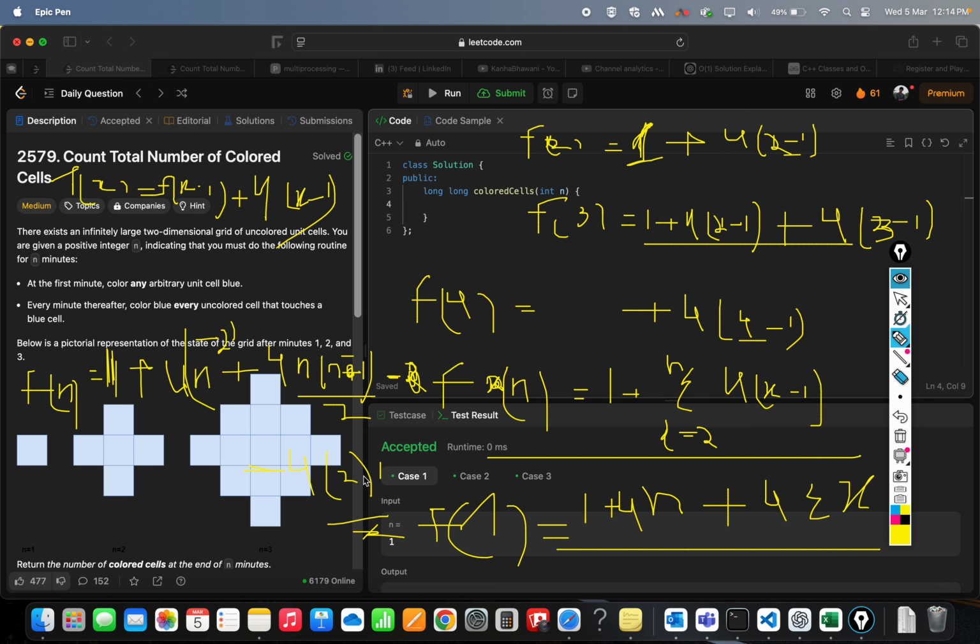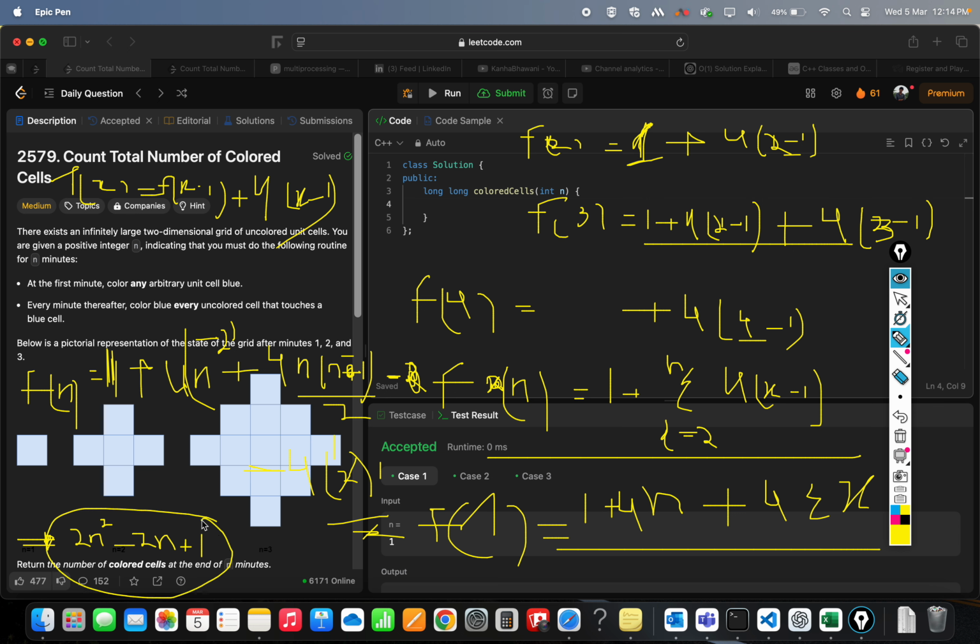So this will become 1. Okay, now I suggest you solve this formula, and finally what we got is f(n) equals 2n square minus 2n plus 1. Okay, so this is the final solution, right?